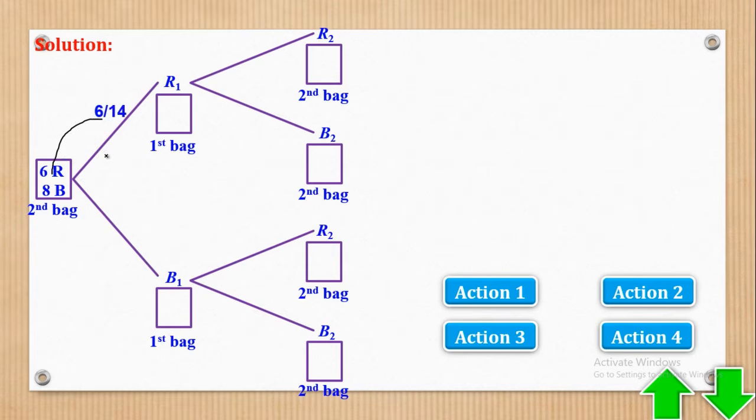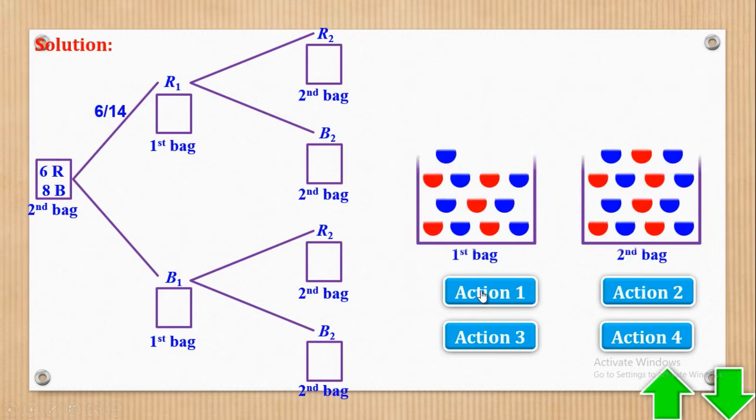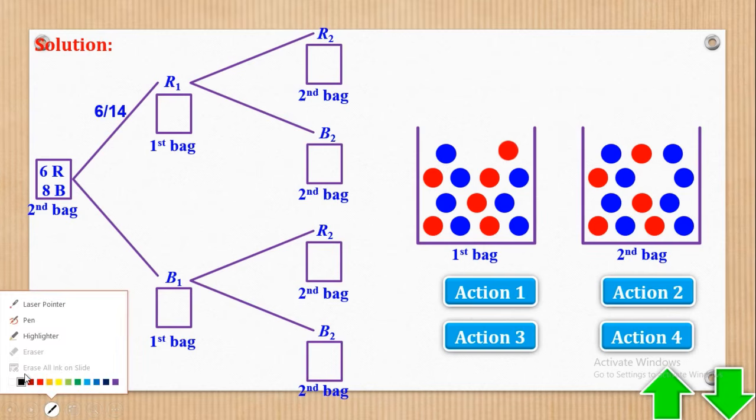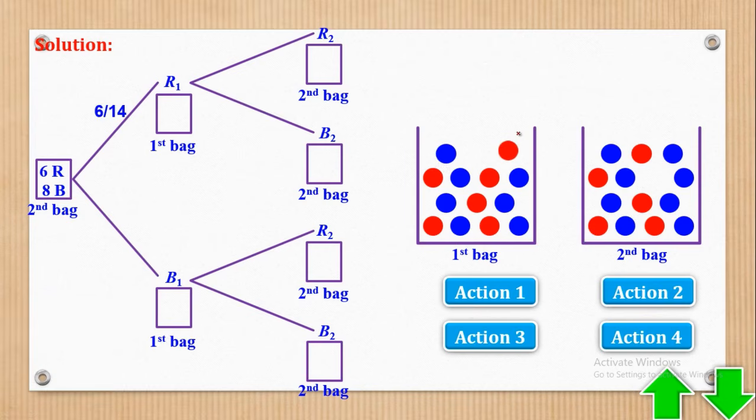That will be the probability. So that red will be put in the first bag. So I have the first bag and the second bag. I'm going to pick red from the second bag and put it in the first. So when I do that, let me count how many I have in the first bag. So for red to be 1, 2.